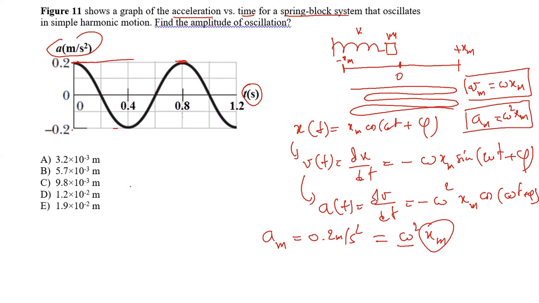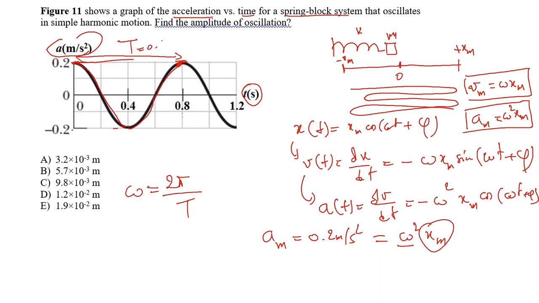How to get omega? As you know, omega is 2 pi divided by the period. I have to identify the period of my oscillation. I started here, went down to minus AM, went back to 0, and finished at the same position. So my period is the time I take for a full oscillation.